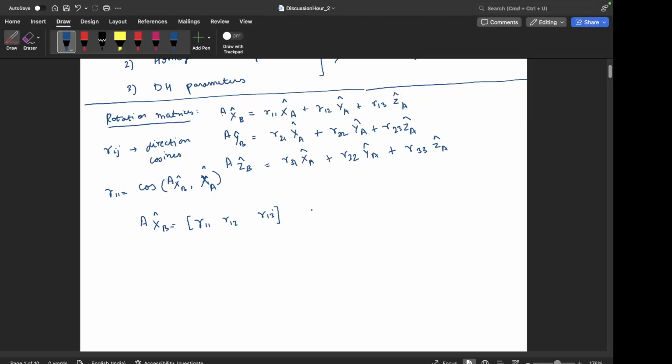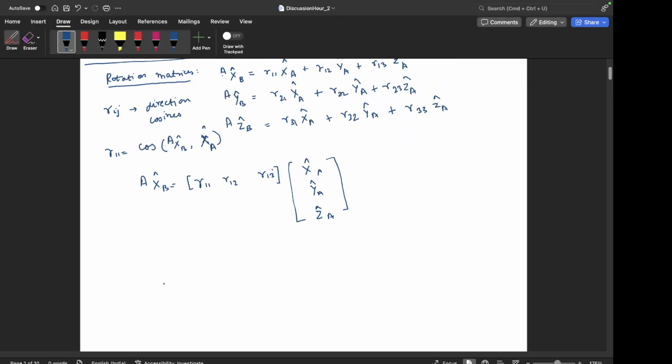So if I take this as a vector and make another vector here, right? Then if we multiply these two, we get the same thing, right? So similarly, we can write for y b a and z b a.